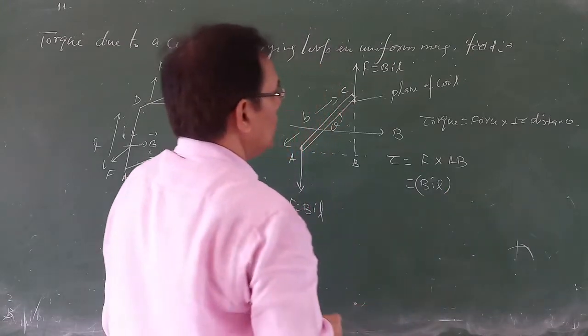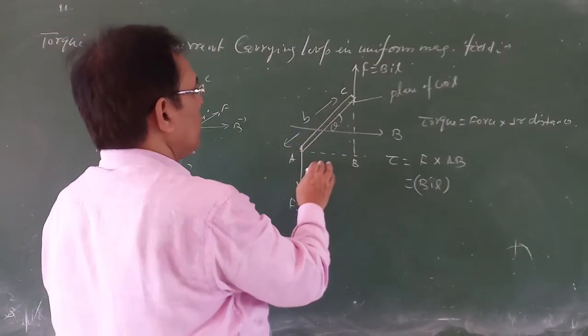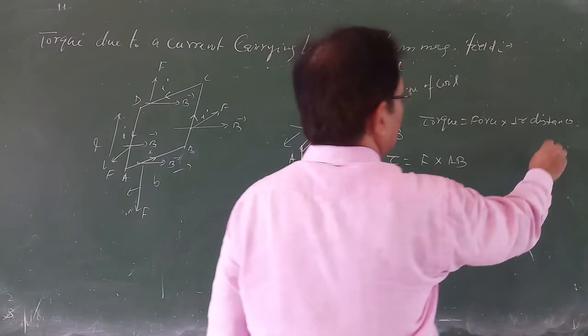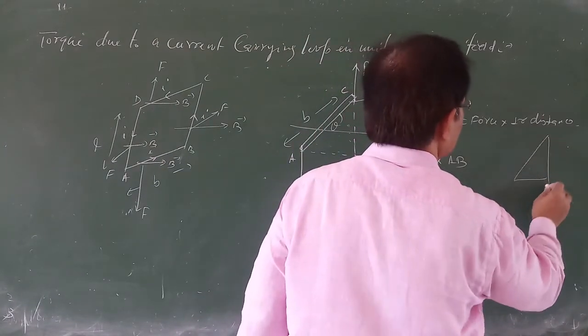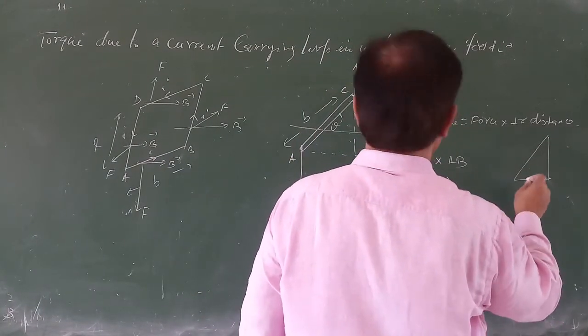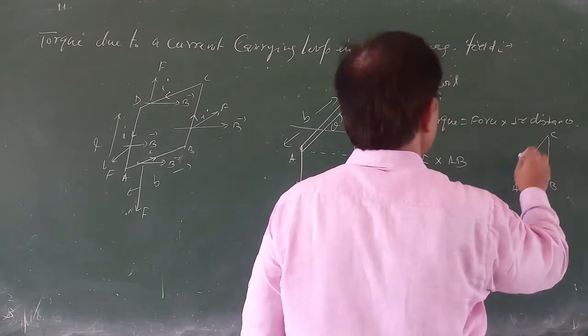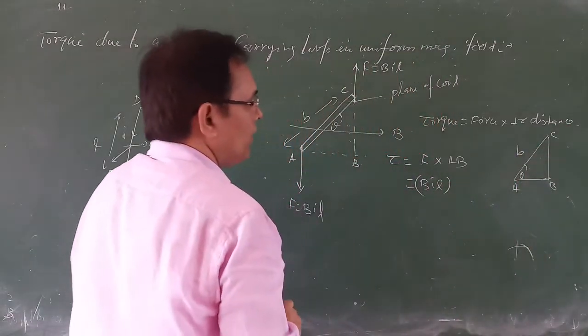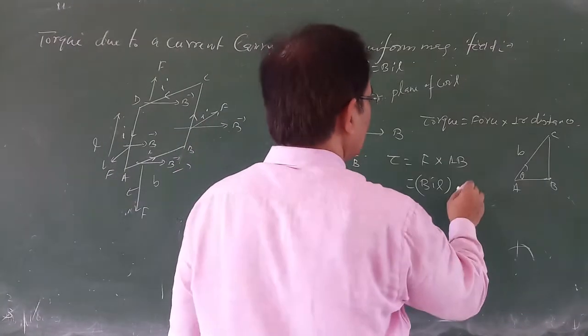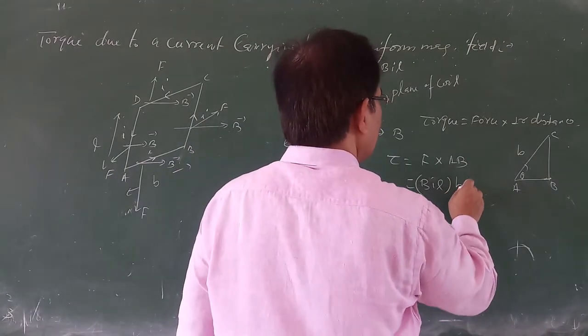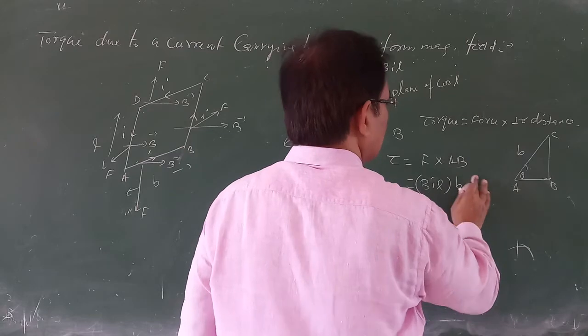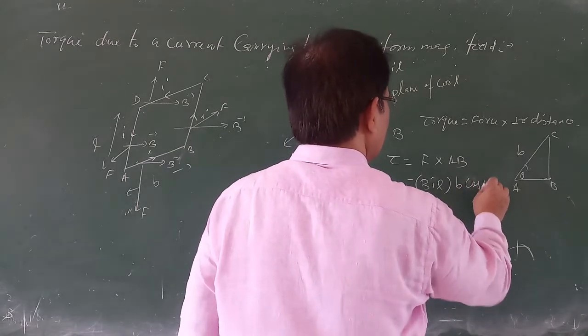And into AB. So find out AB in this triangle. This is a triangle. This angle is theta. This is A, B, C. Find out AB. No, AB equals B cos theta.